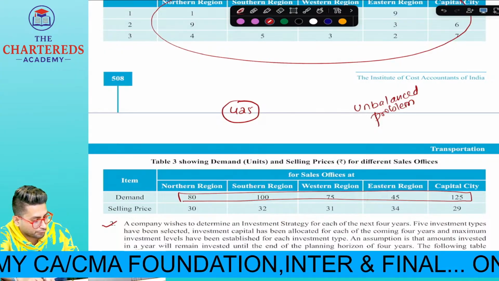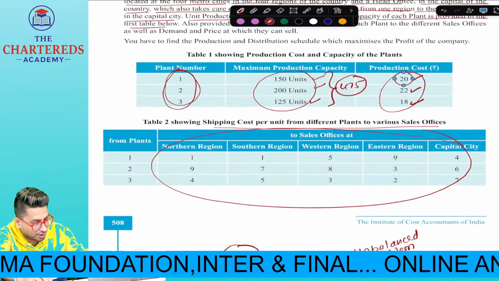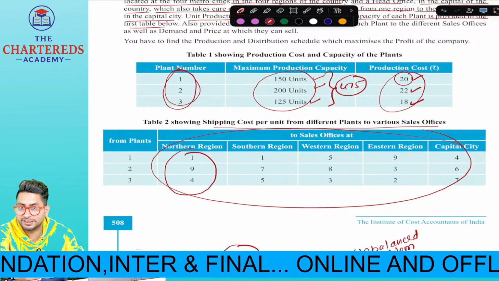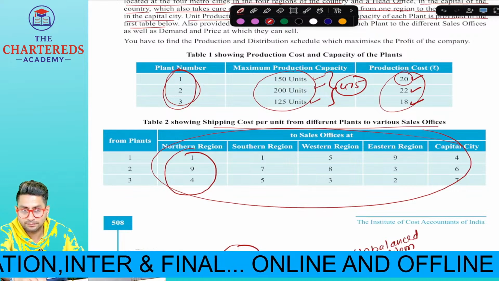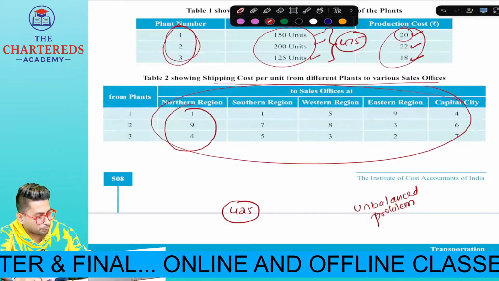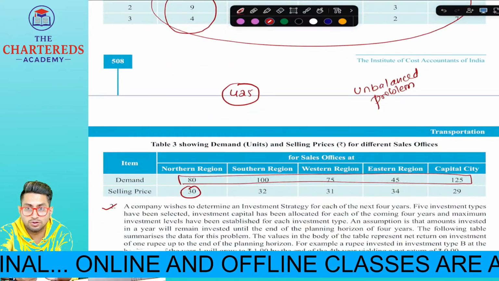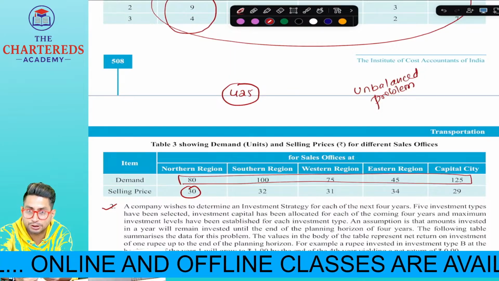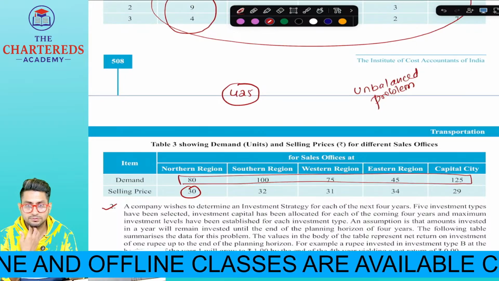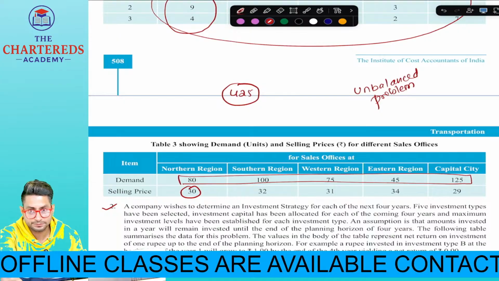How will you check profit or loss? Selling price minus production cost minus shipping cost. Then you will come to know whether it is profit or loss. It will be profit only, I know. So it will be a profit matrix. So now what you have to do? You have to convert unbalanced to balanced, maximization to minimization, and then solve the problem. Clear? So try at home, and in case you want the solution, let me know.